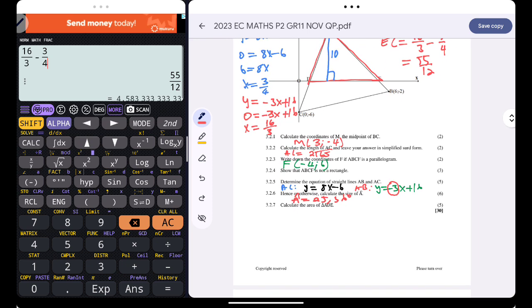Yes. So I'll simply say area of triangle ADE is equal to half the base times height. My base is 55 over 12 and my height is just 10.